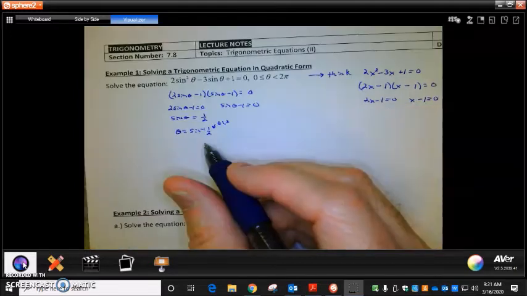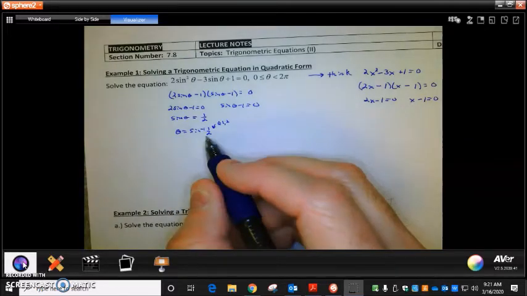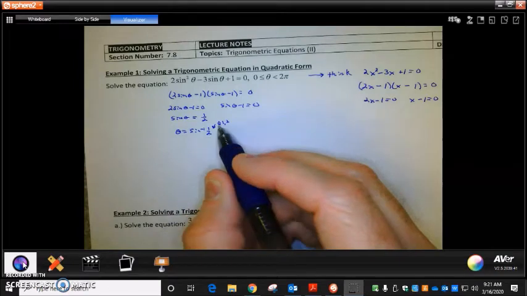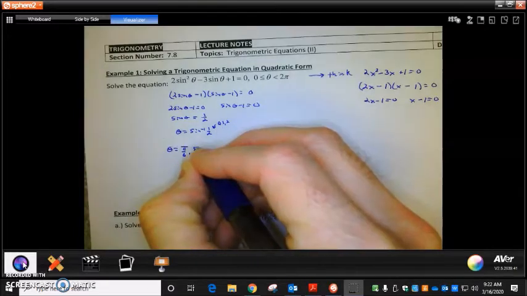So look at the charts that we had the other day. We're just going to look at our chart. We're going to see sine of 1/2, the angle pi over 6 is the angle in quadrant 1, and then 5 pi over 6 would be the angle in quadrant 2. So theta could equal pi over 6 or 5 pi over 6.